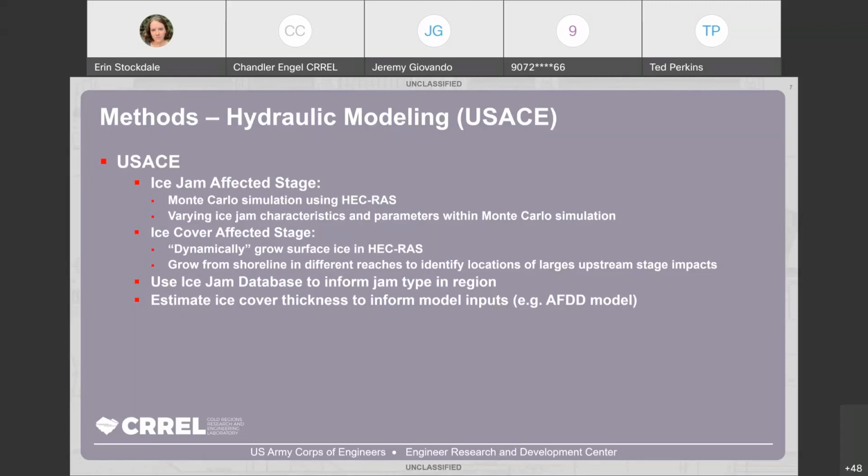We can also do this just with ice cover, so it doesn't necessarily have to be an ice jam. If we want to know what simply putting ice cover does to the stage in the river, we can do this. We're currently still a little limited in RAS to dynamically grow ice, but we have done some workarounds that seem to be adequate for answering this.